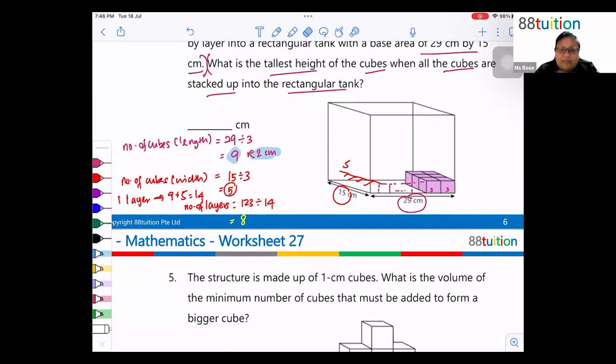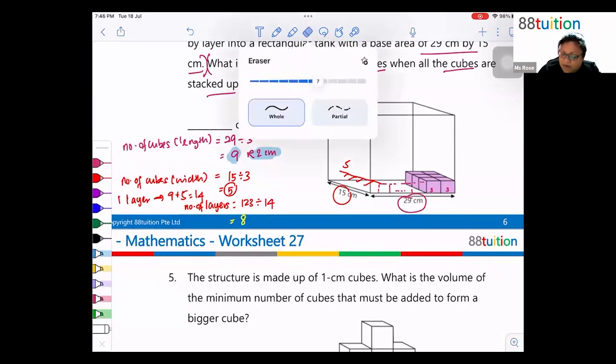Do I add the length, 9 cubes, plus the width, 5 cubes, or do I multiply them? Anyone? Do I add or do I multiply them?